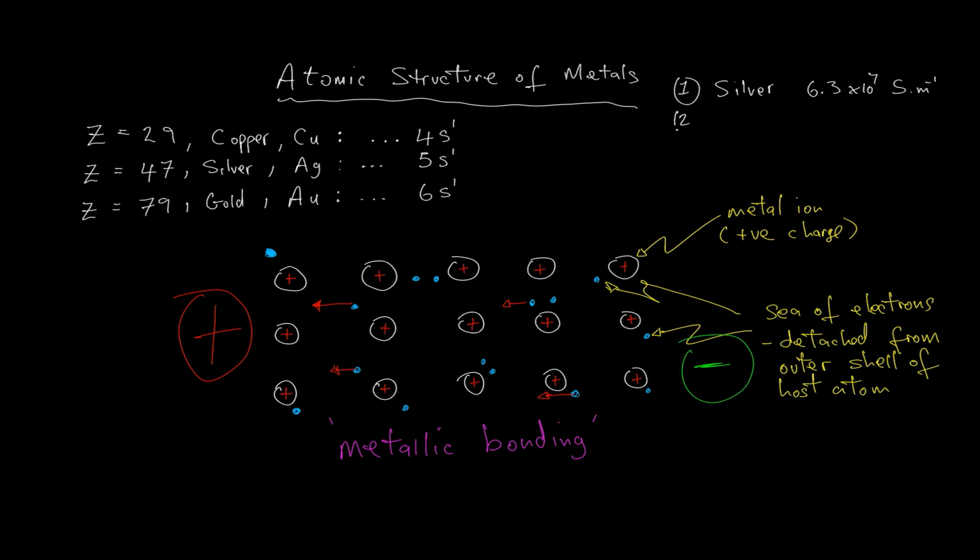Second in the list, we have copper. Copper has a conductivity of around 5.98 times 10 to the 7 Siemens per meter. Third in the list is gold with a conductivity of 4.52 times 10 to the 7 Siemens per meter.